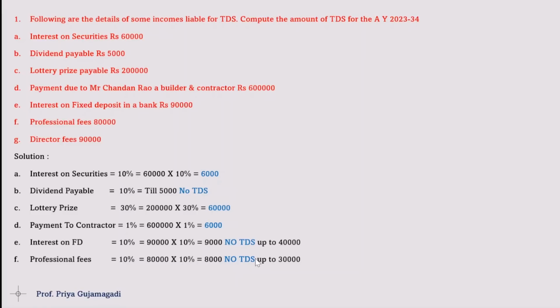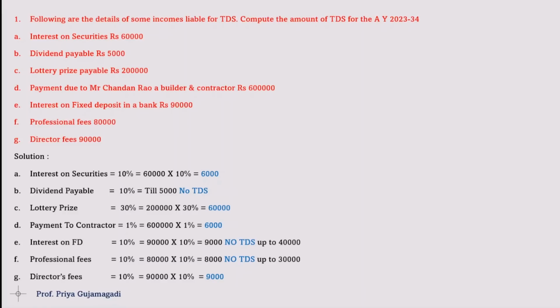There is a threshold limit for professional fees. Up to 30,000, there is no TDS. So no TDS needs to be paid in this situation. So let us move to the next problem.